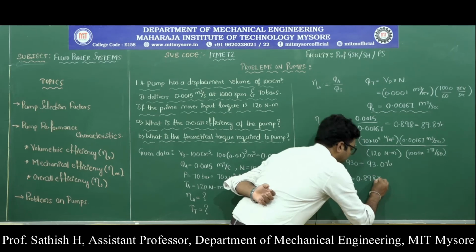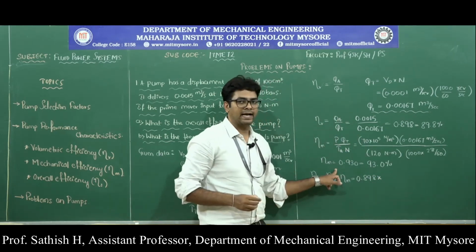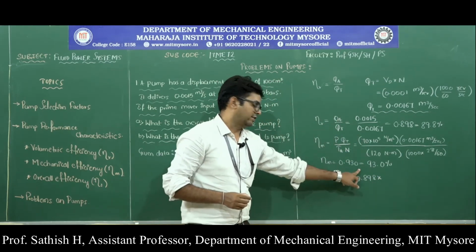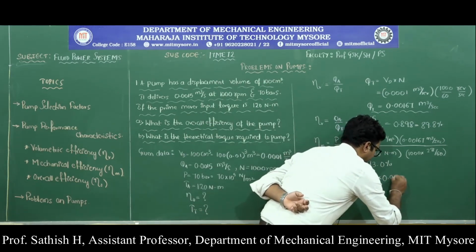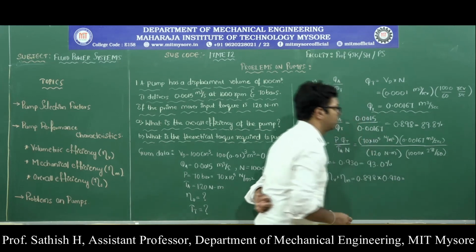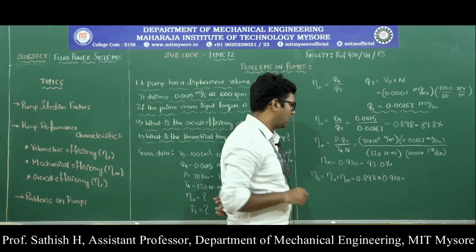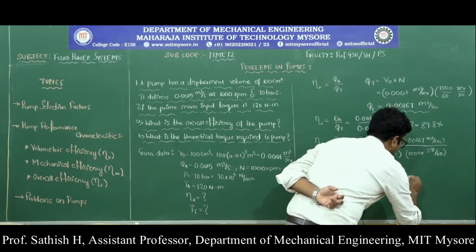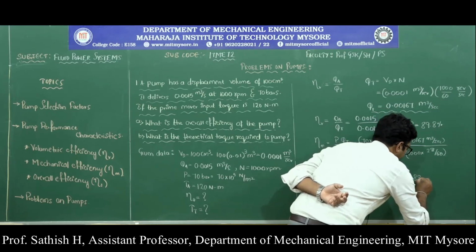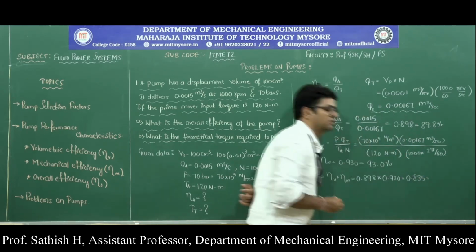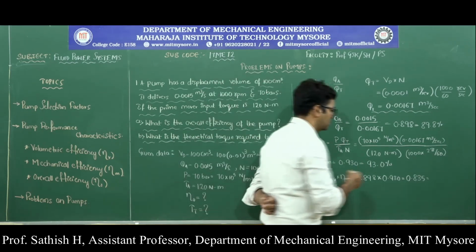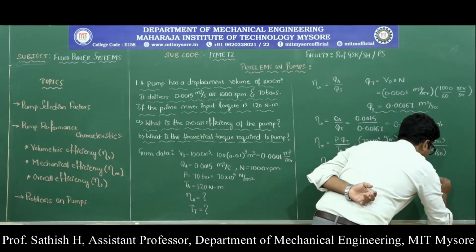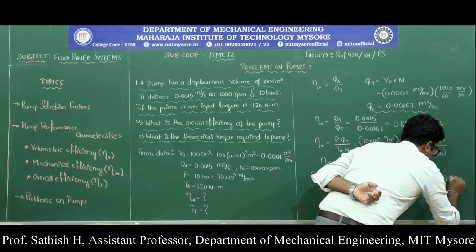Which is multiplied by the mechanical efficiency of the pump, which is equal to 0.930. If you simplify this, you will get the overall efficiency as 0.835. If you write it as a percentage, you can write it as 83.5%.